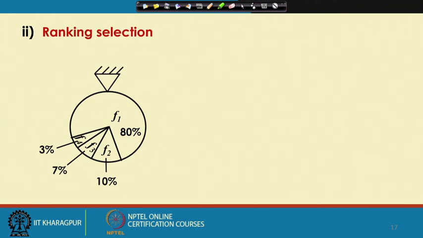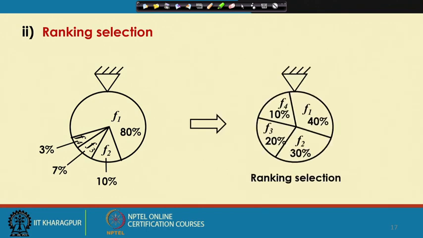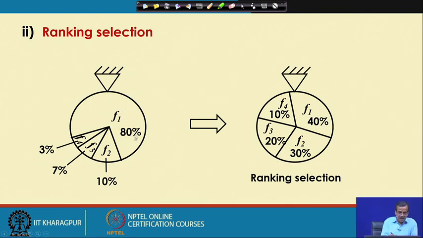Now, this is the typical scenario which I discussed. Here, for this particular F1, there is an 80% chance that it will be copied in the mating pool and it will create premature convergence. Just to overcome that, we take the help of this type of ranking selection. If I concentrate here, in terms of fitness, F1 is having 80%, F2 is 10%, F3 is 7%, F4 is 3%.